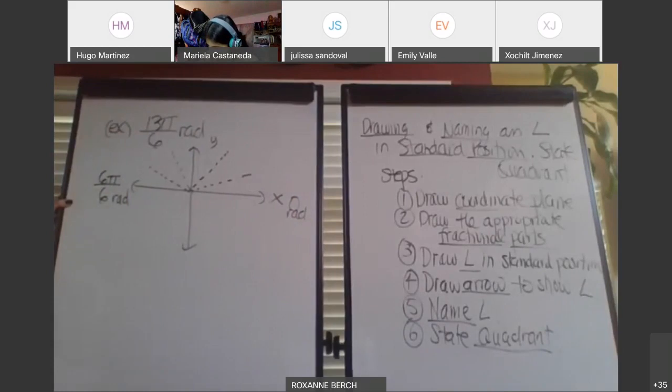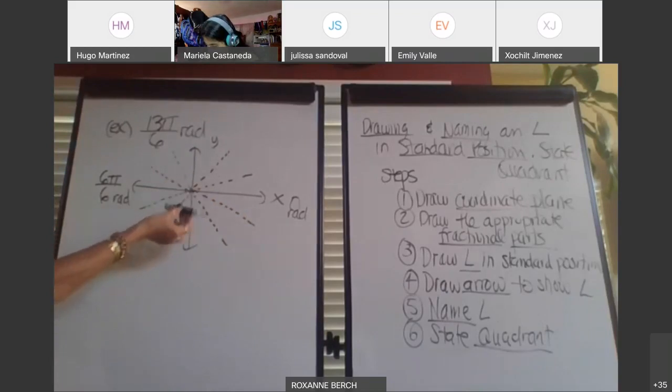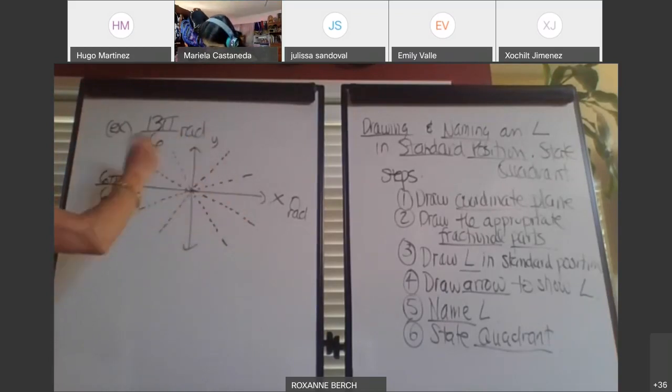Well, we want 13. So not only am I going to have to divide the bottom into 6 parts, I don't want to count pi over 6, 2 pi over 6, 3 pi over 6, 4 pi over 6, 5 pi over 6, 6 pi over 6. So I don't want to do that.